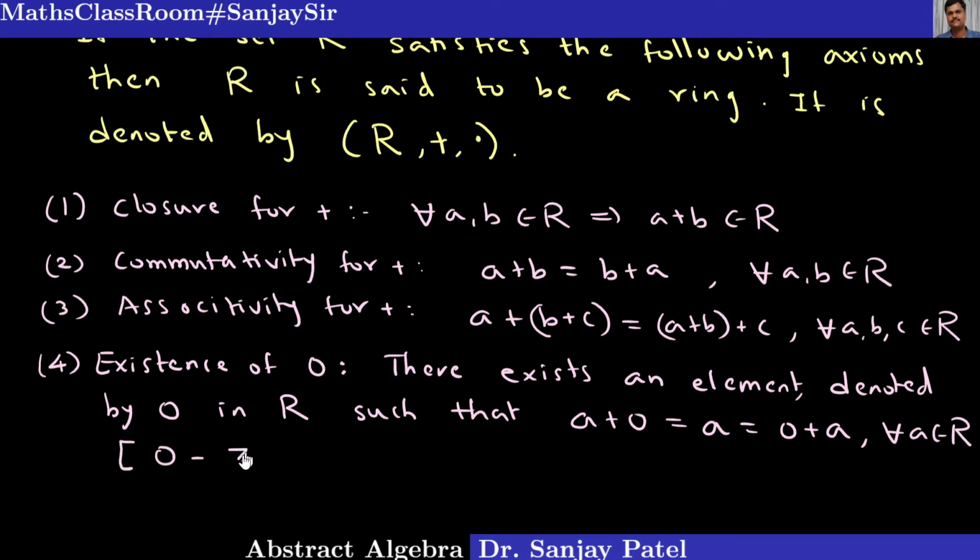Just remember this important element. This is known as the zero element of the ring. So the zero element is nothing but the identity element for the operation of addition.